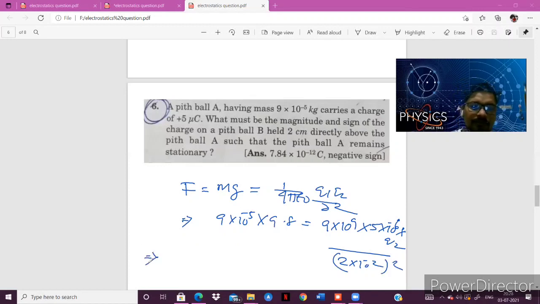If it is calculated, the value of q2 is 7.84 into 10 to the power minus 12 coulomb. So this is the final answer.